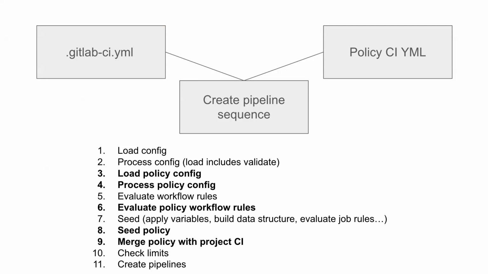But I think it gives us a lot more flexibility and will help us make this work, especially for workflow rules. We can evaluate them separately, which I think is pretty important. So that's the current state of our ideas. I'll try to put this in a working POC in the next couple of days, and then we can iterate from there.